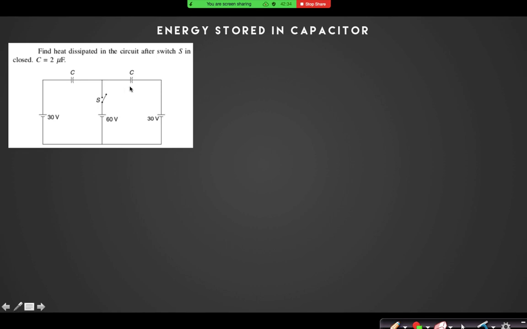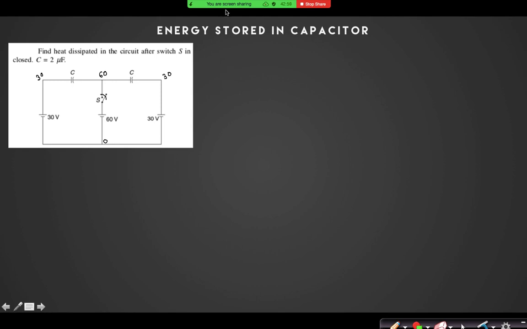Initially, if I take this potential to be 0, you can assume that this is 30 and this is also 30, right? So the potential drop across this is 0, so there will be no flow of charge. But as soon as I close the switch, now this is 30, but this will be 60 volt.